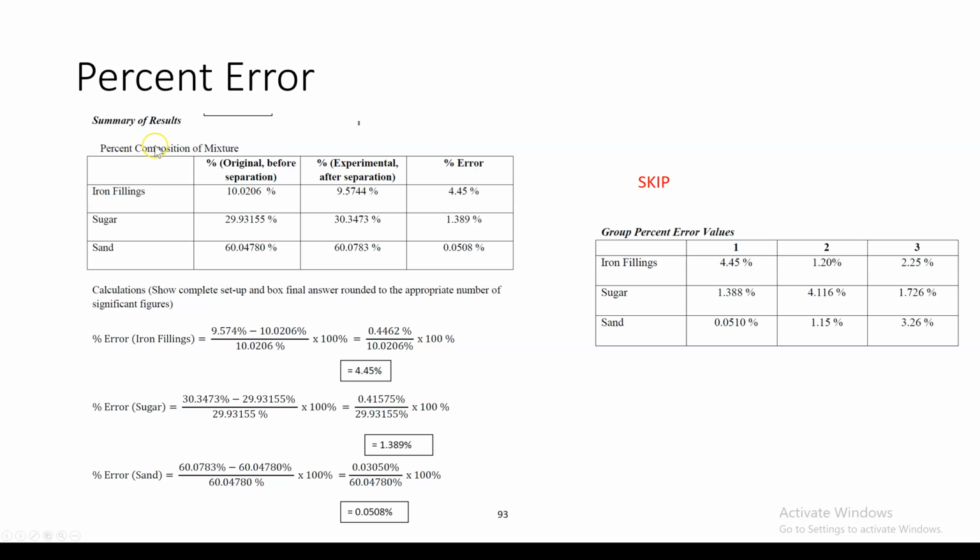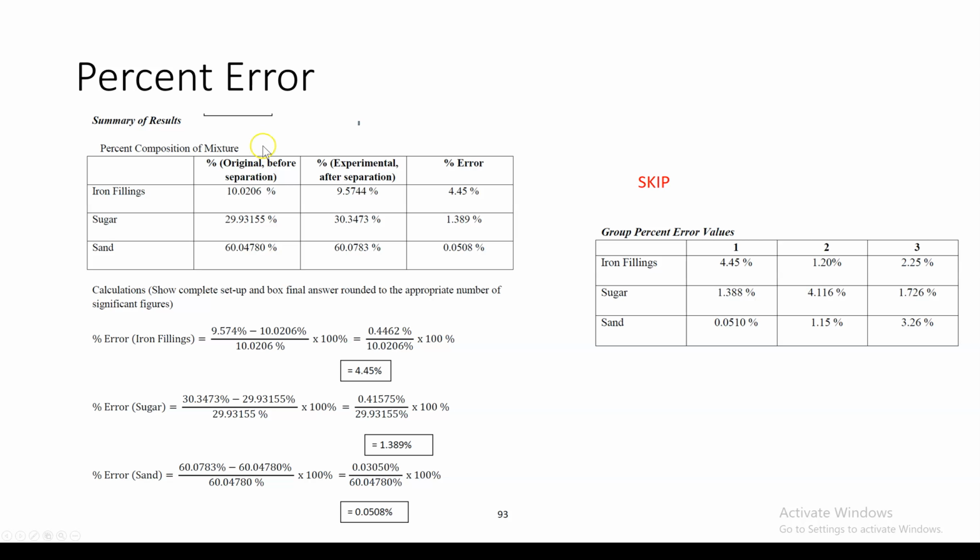And once we have done both those types of calculation already, we can now figure out the percent error of our lab. So at the beginning, let's say that when we first started out making the larger sample, we calculated the actual or original percent composition.